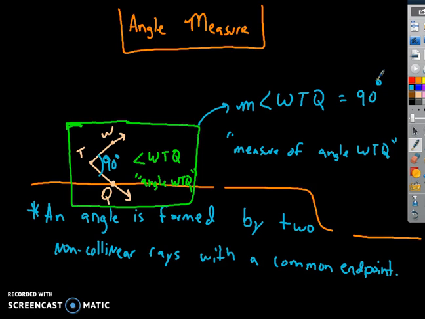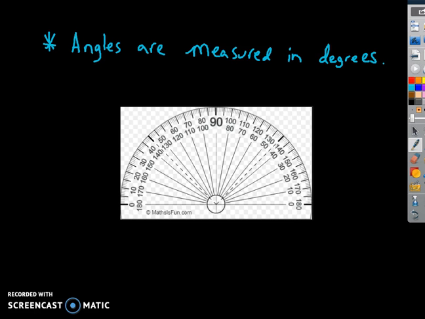I'm about to erase all of this stuff, so if you need it, I will copy it. Another important thing about angles is that they are measured in degrees. Degrees are the little circle symbol we see, like 15 degrees, and it tells you that's the unit of measure we're in.